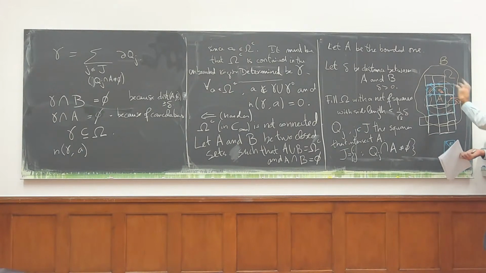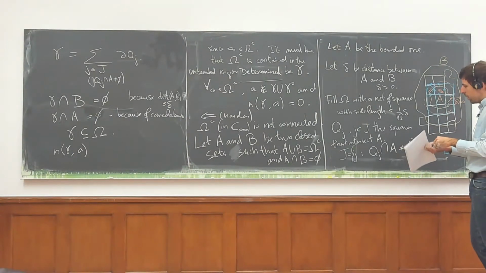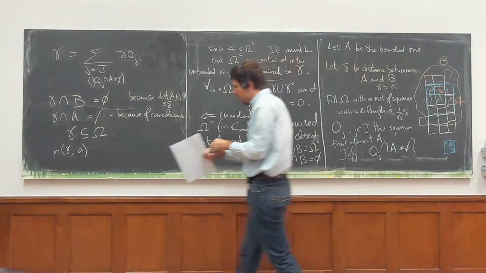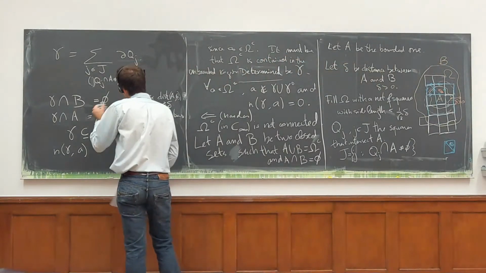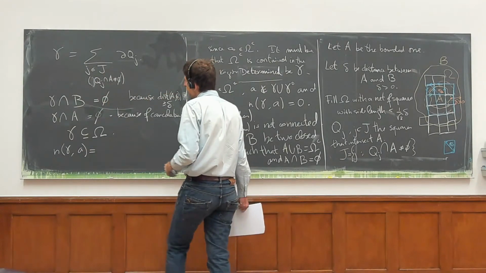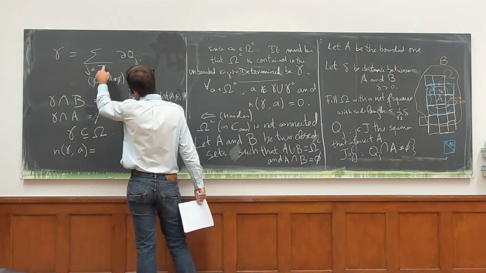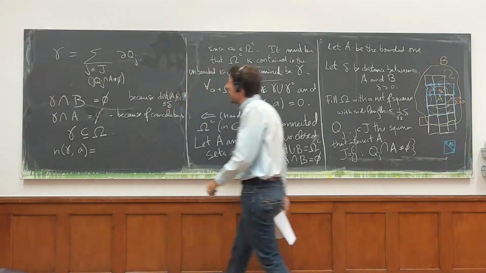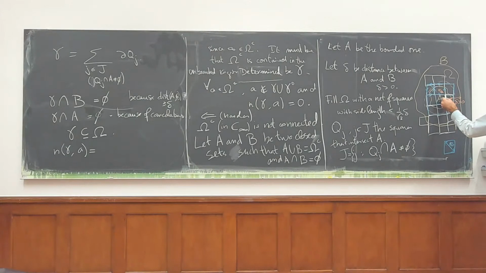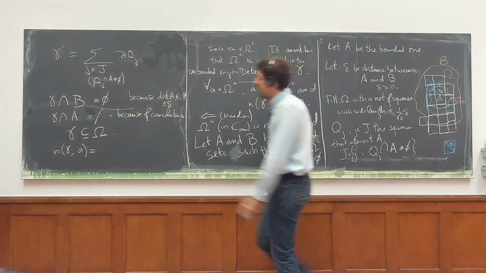So for sure, this is equal to the sum of the winding numbers of all those curves, but the winding numbers of the squares that are outside, that don't touch A, are for sure 0, and so the only one that we get is the one that intersects A.